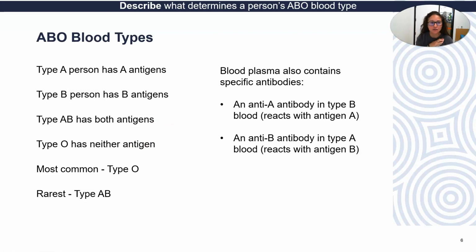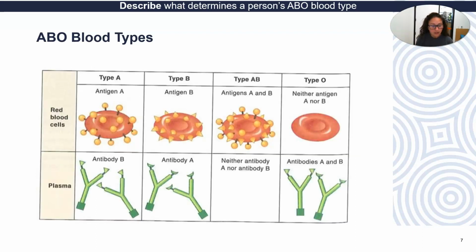Okay? So that's one part of the story: what antigens you have sticking out of your red blood cell. The other part of the story is what is floating around in your plasma, because that is also different. So let's have a look at this picture.